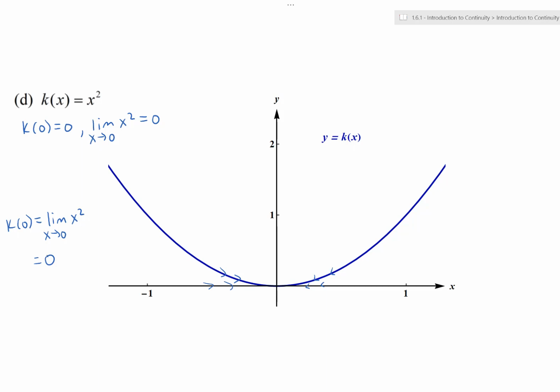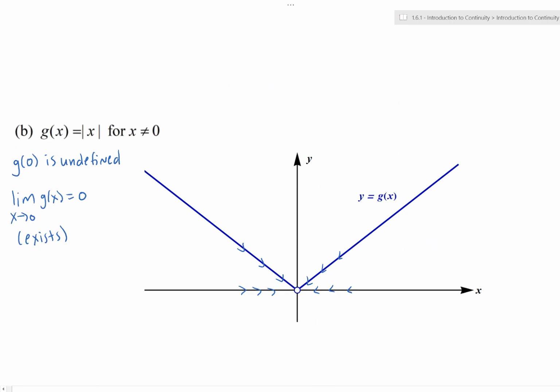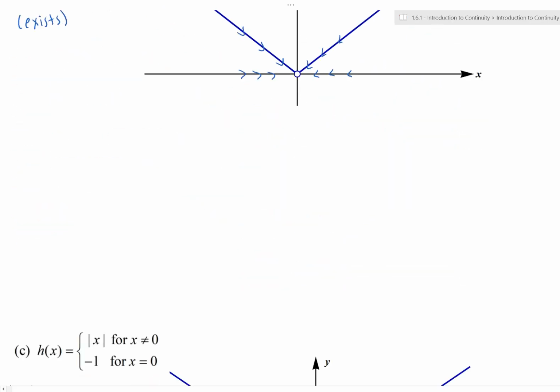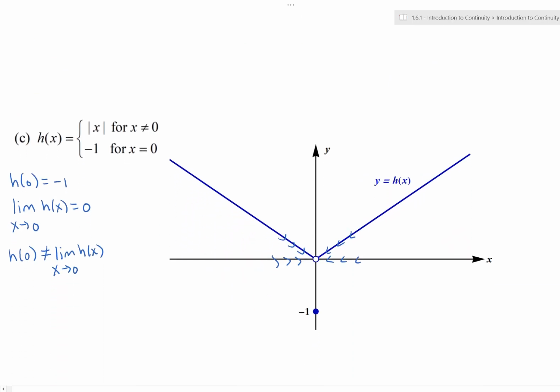Right? We saw that if it was not defined, go back up here, there's this problem spot. There's like the hole in the graph, if you will, even though the limit existed at the same location. But not only do we need it to be defined, but we need it to be the same output as the limit itself, assuming the limit exists.